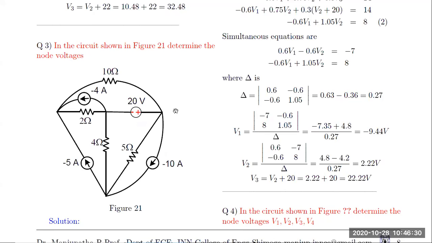Next, I want to write the equation for nodes 2 and 3. There is a source between them, so can you tell me the equation for this source? This is V2 and V3.